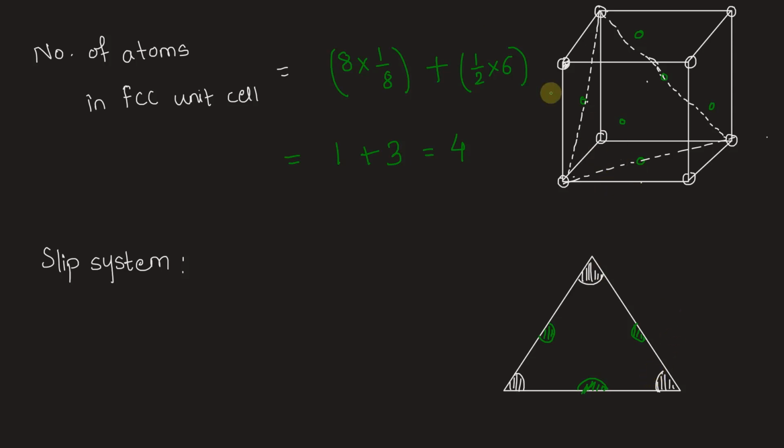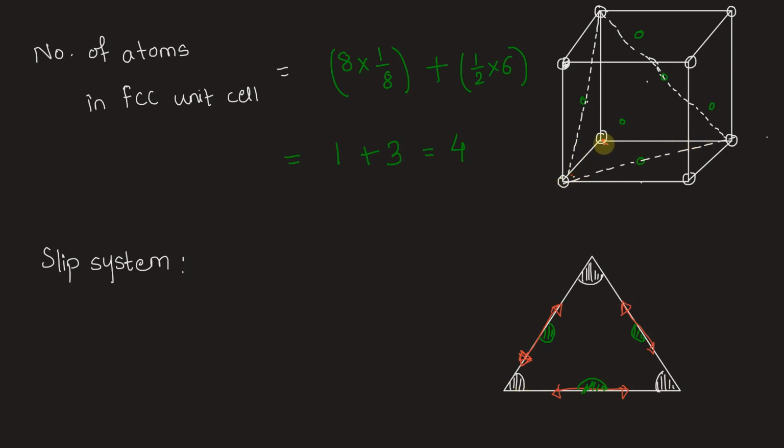Now we need to identify the slip directions. Slip directions are nothing but edges of these planes. These directions in which there is the highest density of atoms constitute the slip directions. So every plane will have 3 such directions and we will basically have 4 such planes. Or another way of understanding this is that one slip direction is in one diagonal direction for a single face.